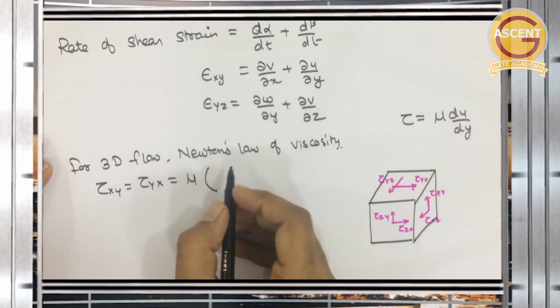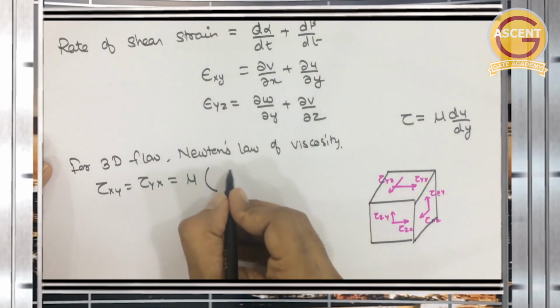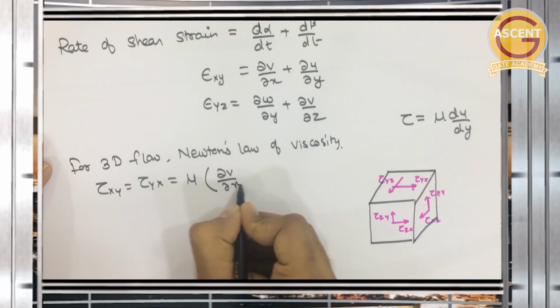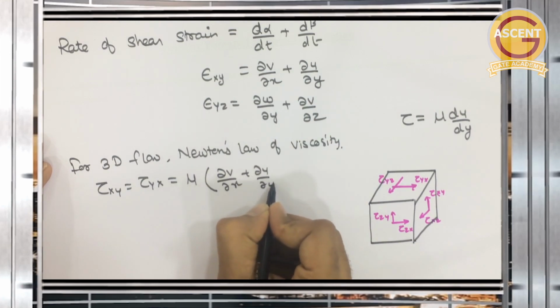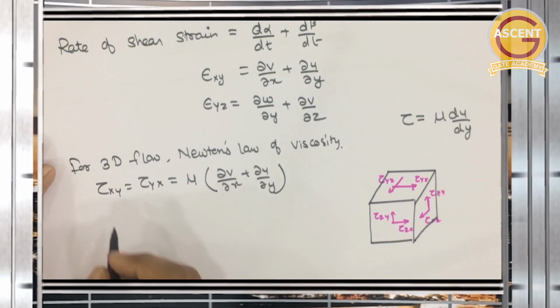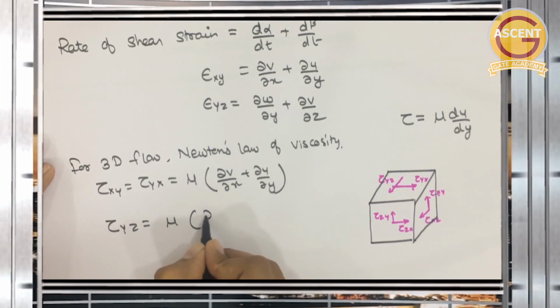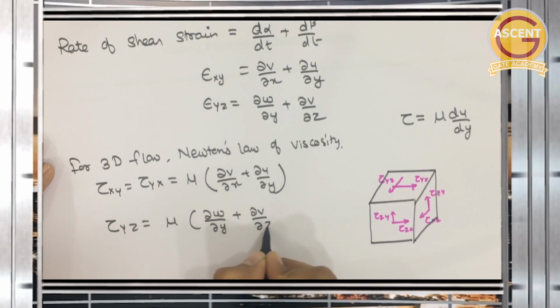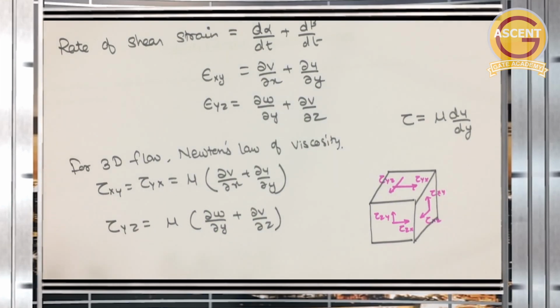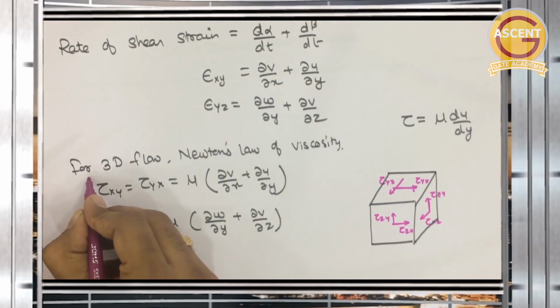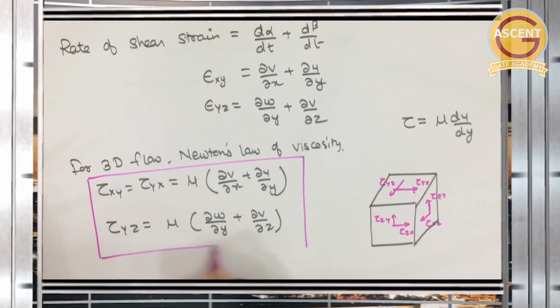For tau xy it is del v by del x plus del u by del y. Getting this now? Okay, similarly tau yz will be equal to mu into del w by del y plus del v by del z. Getting this? Okay, so in some questions you may find this for 3D flow, Newton's law of viscosity.